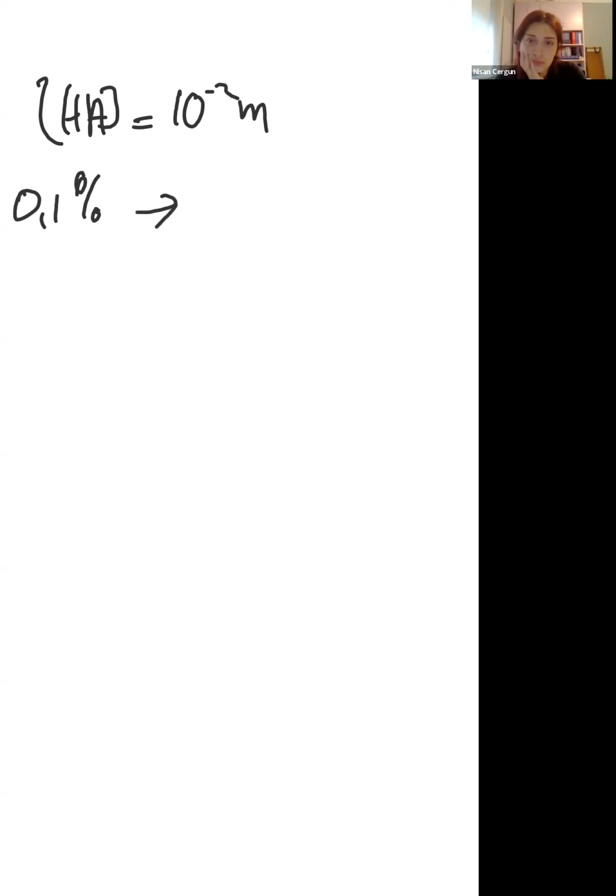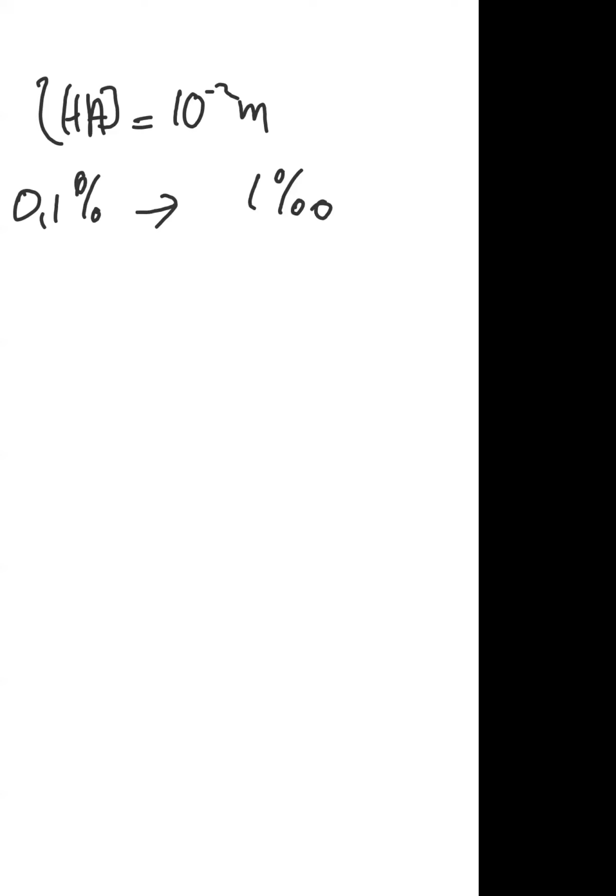Okay, let's see what we have. Let's say we have HA. The concentration of HA is 10 to minus 2 molar. And the ionization percentage for this one is 0.1. Do you have any idea what I'm writing?